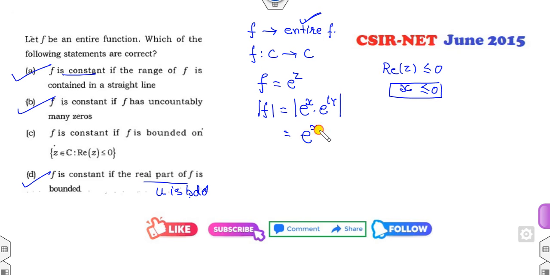That means e raised to power x. Whenever x is less than 0, what is the exponential part of this? This goes to 0 as x approaches minus infinity. So yes, this is bounded as well. Fine. So if it is bounded and entire, that means this function is constant.